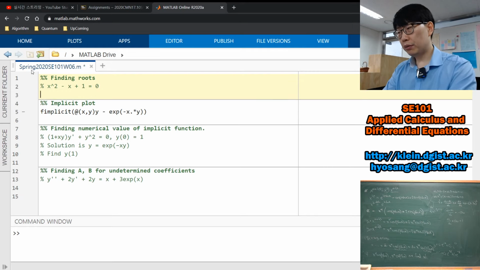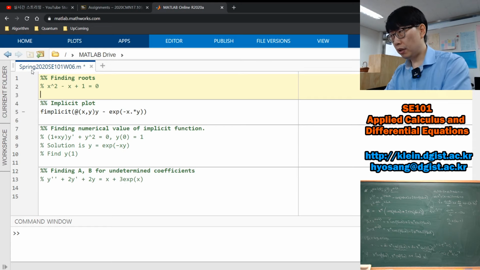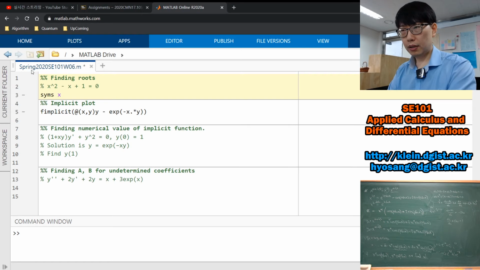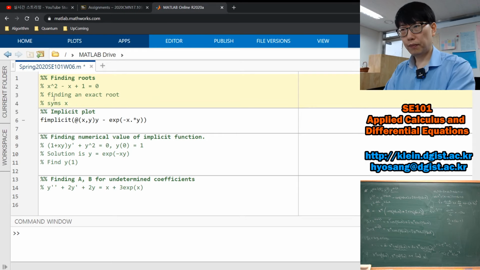There are two ways of finding roots. One is you can symbolically find the exact root, or you can find numerically the approximate root. If you want to find the exact root, then you have to use the symbolic toolbox. So the first method is finding an exact root.